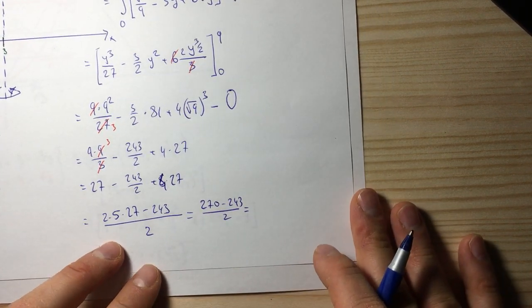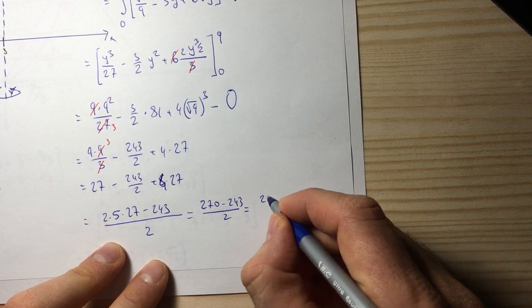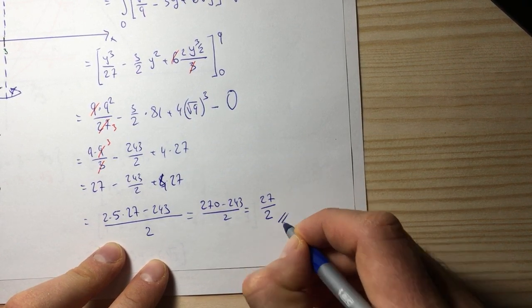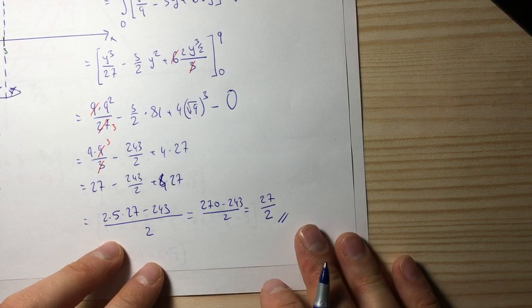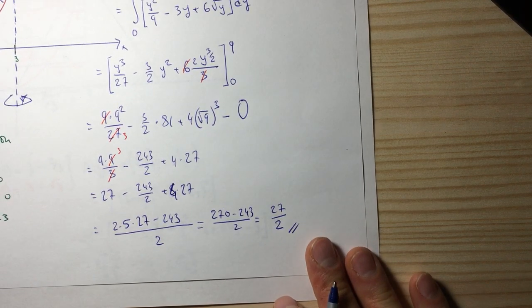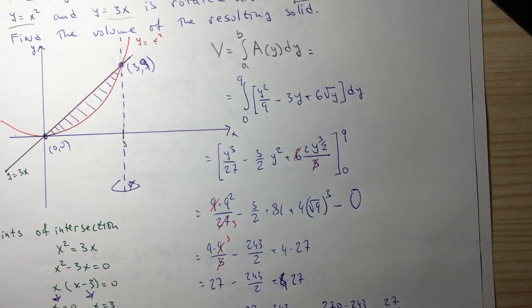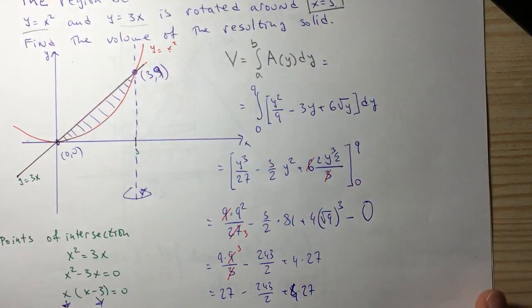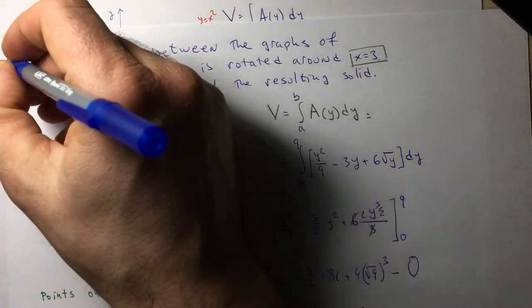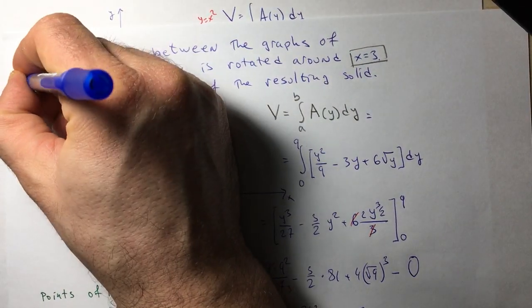Again, if I did not make any mistake here, I get 27 over 2. And this question is question 16 from workbook number 7, right? So this is question 16 from workbook.